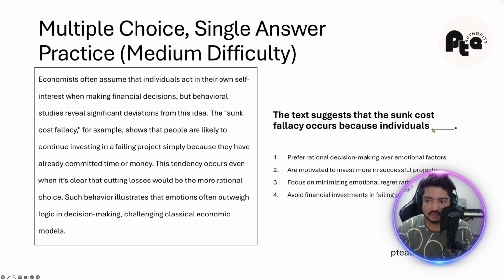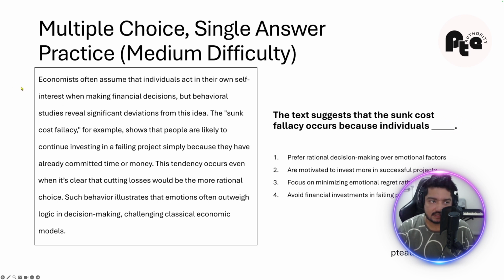So this is sort of like a sentence completion, but what we need to look for is the reason why the sunk cost fallacy occurs, because individuals do something. So that is what we need to look for in the text.